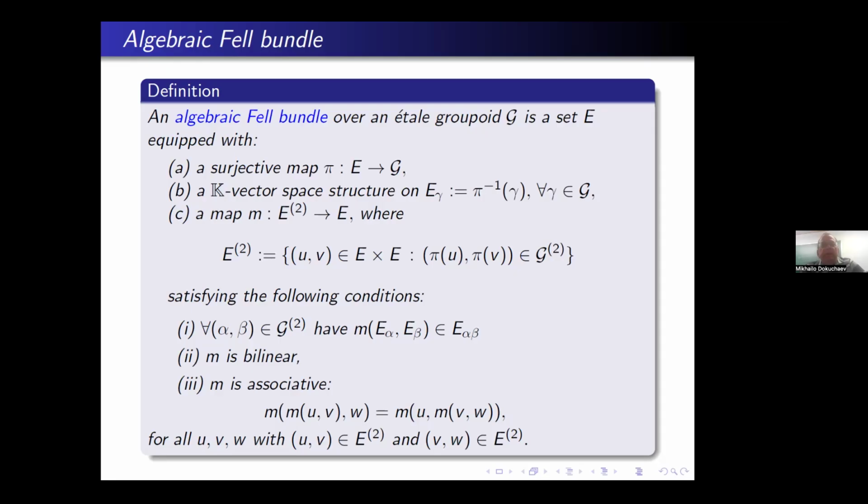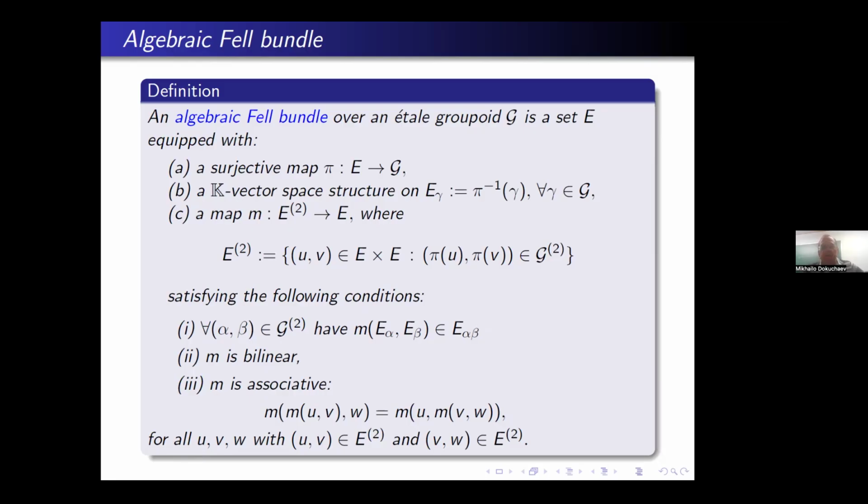This multiplication is associative and bilinear, and if you take a composable pair of morphisms alpha and beta and multiply the fiber over alpha by the fiber over beta, then the result is in the fiber over alpha beta. Okay, so this is an algebraic bundle.